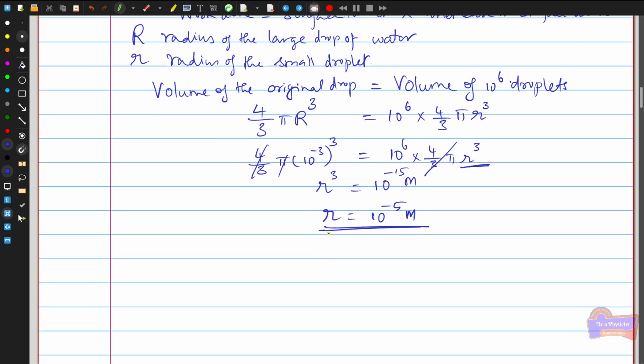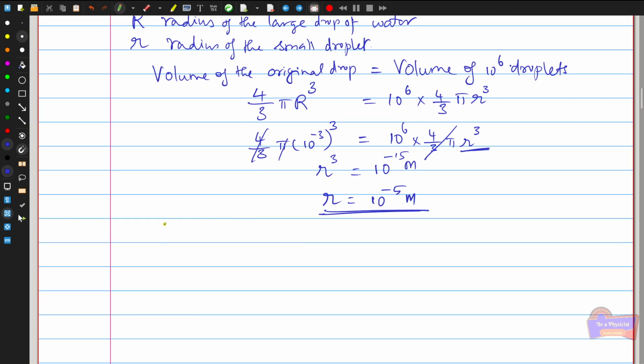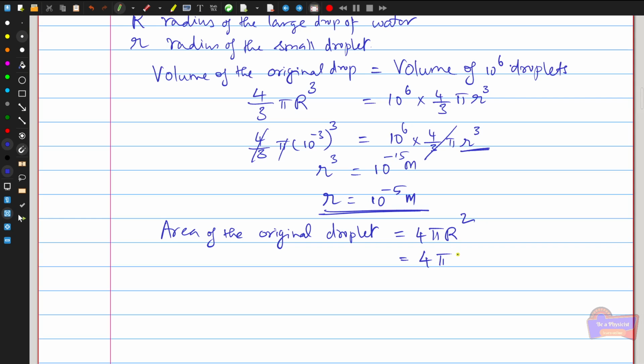Next we can find the area of the original droplet, which is 4 pi r squared. The value of R is 1 millimeter, so 4 into pi into 10 to the power minus 6 meter squared.